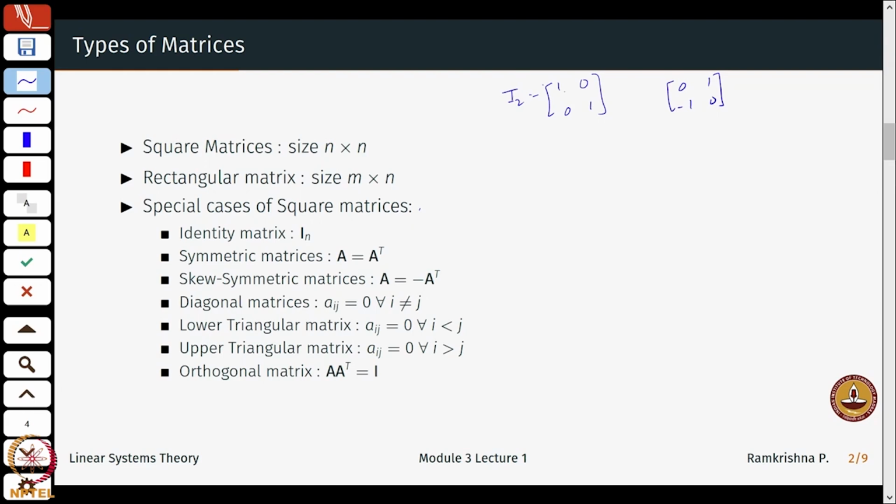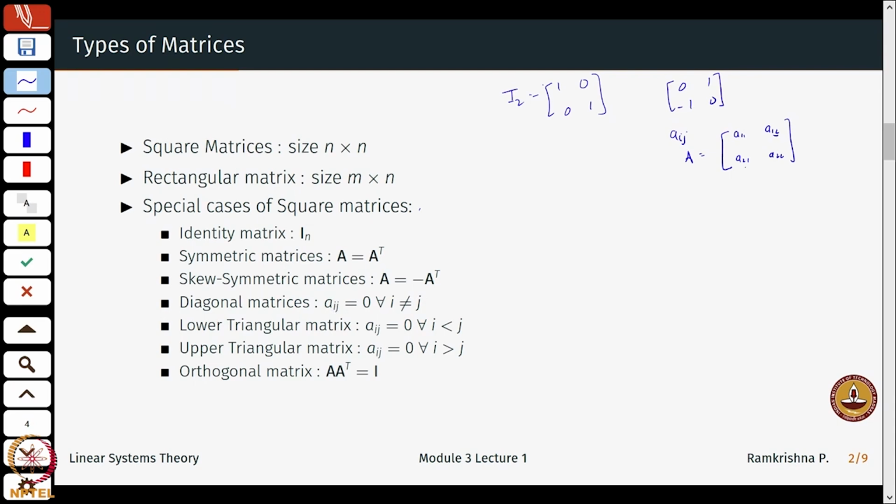Diagonal matrices: by definition, A_ij will be equal to 0 for all i not equal to j. Here A_ij represents each element of a matrix. Say, for example, if I take a 2 cross 2 matrix, this would be A11, A12, A21, A22, and by the definition of diagonal, A_ij would be equal to 0 whenever i is not equal to j.